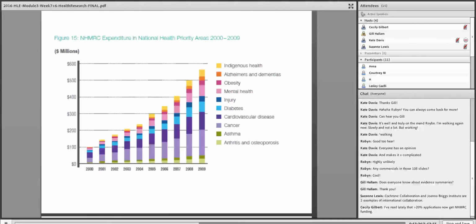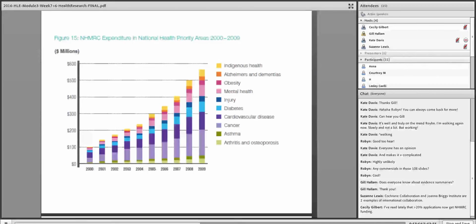The direct beneficiaries are the areas we talked about earlier as priorities, whether it was cancer, mental health, etc. This shows you the proportion of research funding that goes into those different areas, again with a timeline going across it.